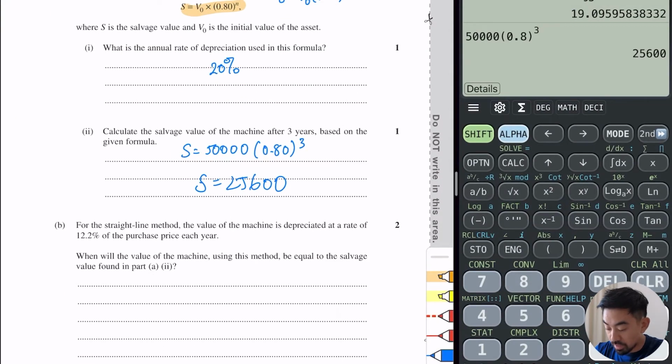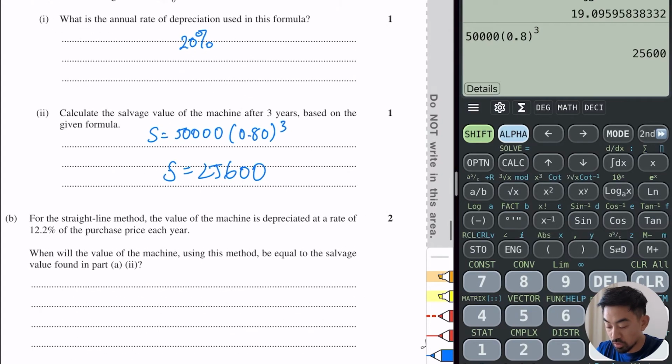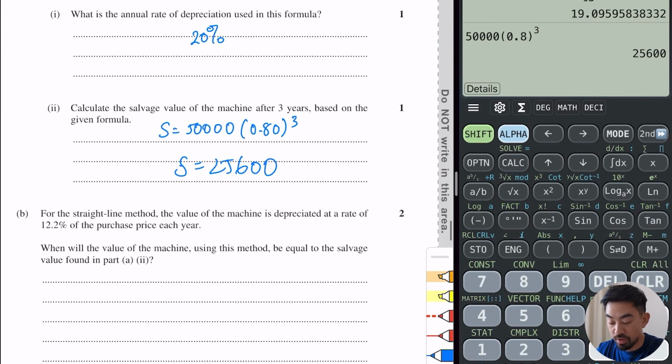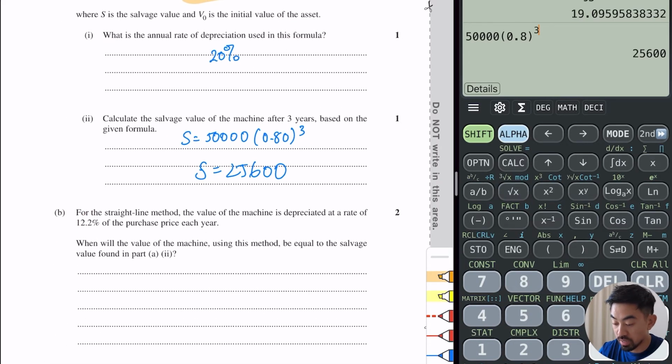B, for the straight line method, the value of the machine depreciates at a rate of 12.2% of the purchase price each year. When will the value of the machine using this method be equal to the salvage value found in part A, II? So when is it going to be the same as that? Okay, so there's a few things here. It depreciates by 12.2% of the initial price.